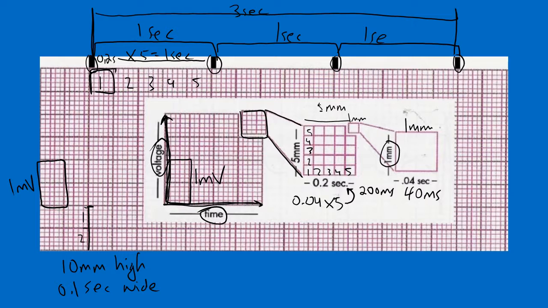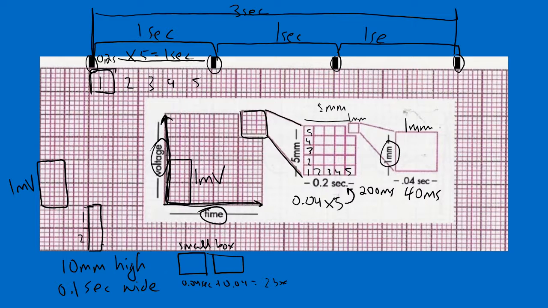And the width is 2.5 smaller boxes, so about in the middle here, because we said the width of each small box, so imagine this is our small box, is 0.04 seconds, right? And if we add another 0.04 seconds, gives us 2 boxes.